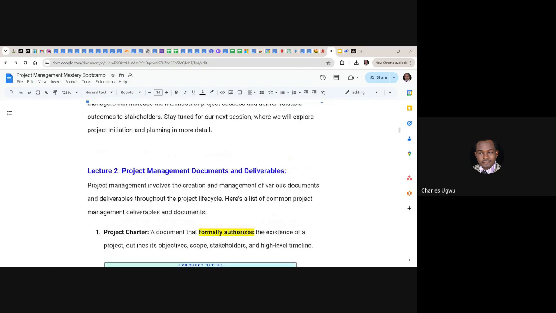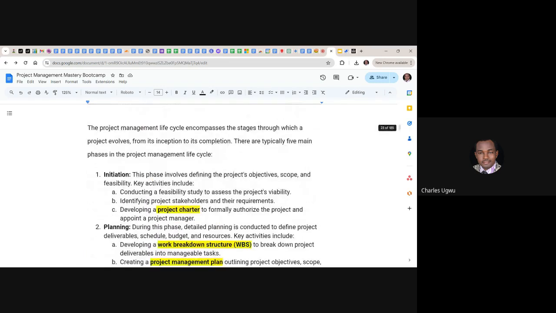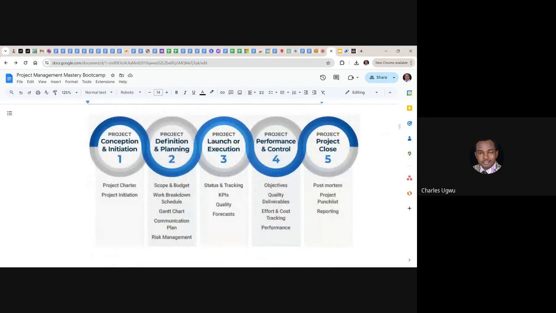So let's have another glance at our life cycle. This is our life cycle, from conception, definition, launch, performance, monitoring and control, to closure.